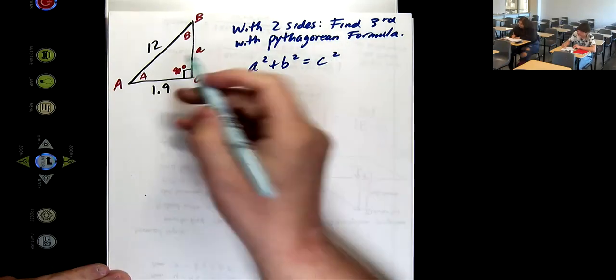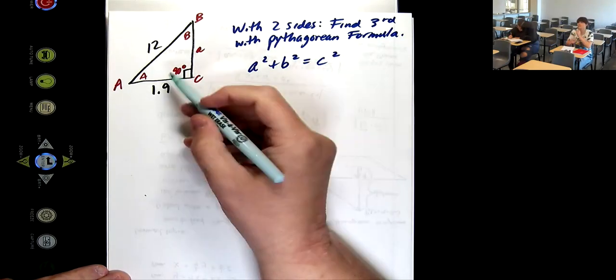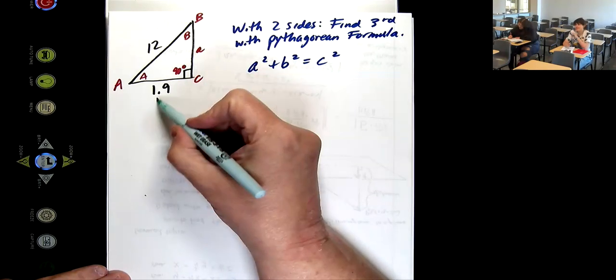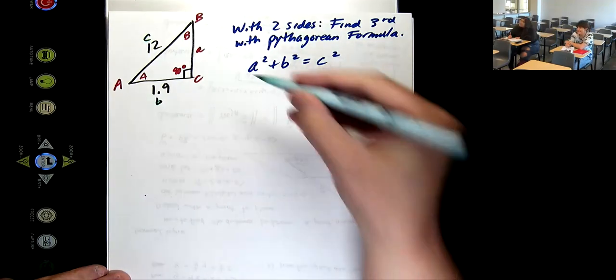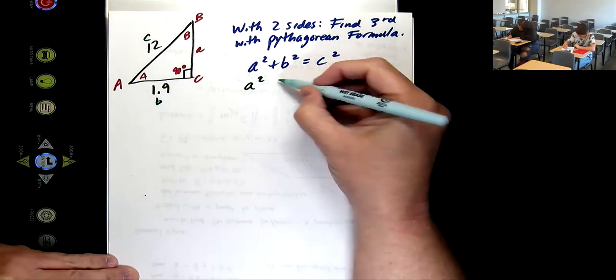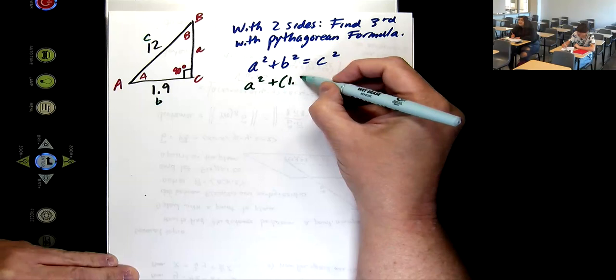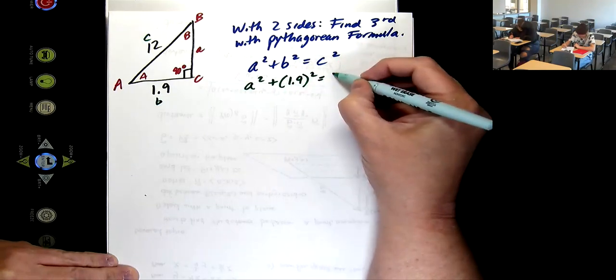In this problem, A is this one, B is the side opposite of the angle B, and C is that. So I have a squared plus 1.9 squared equals 12 squared.